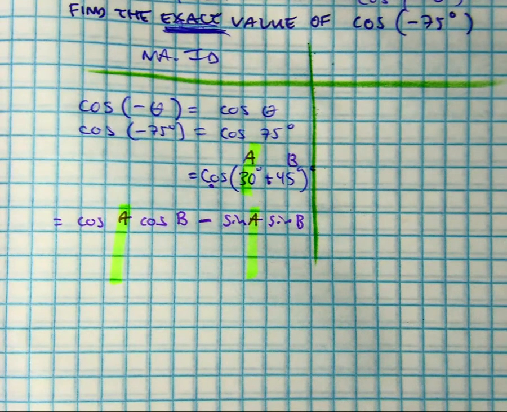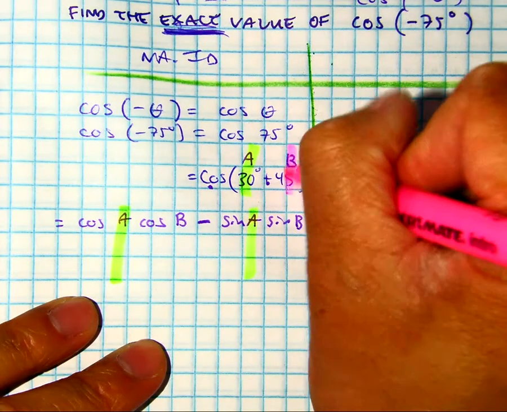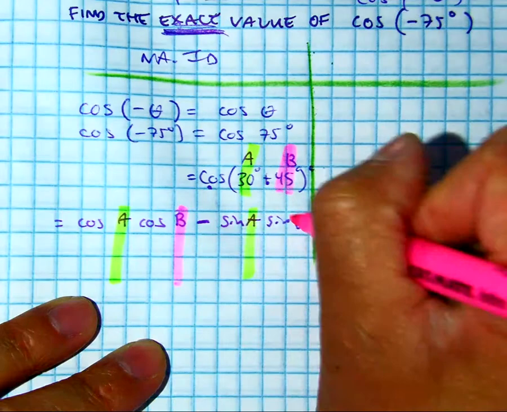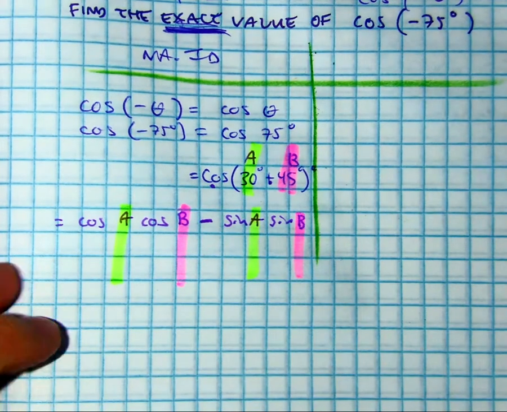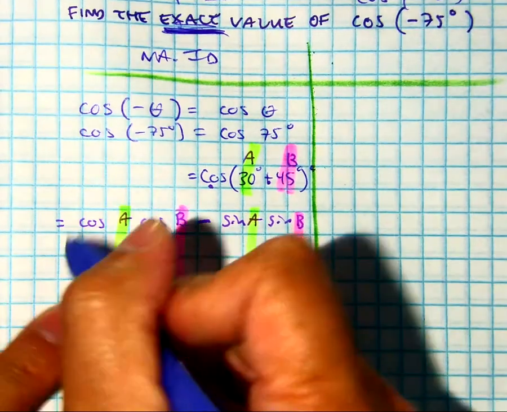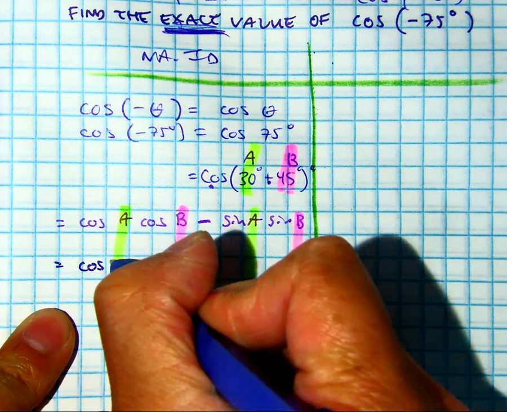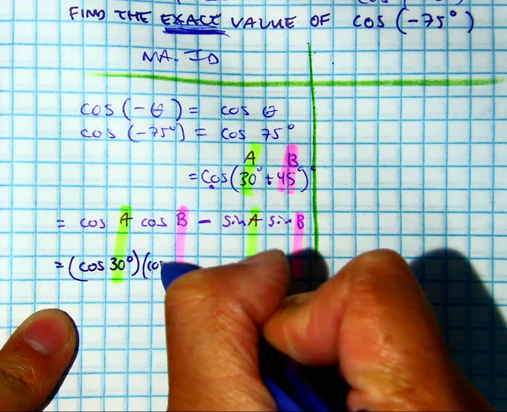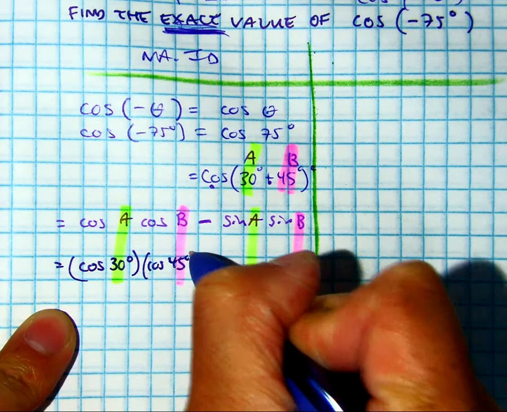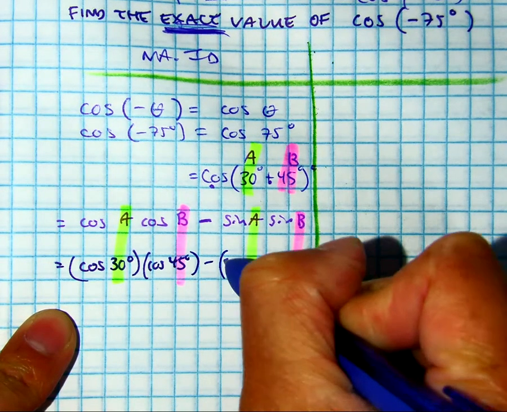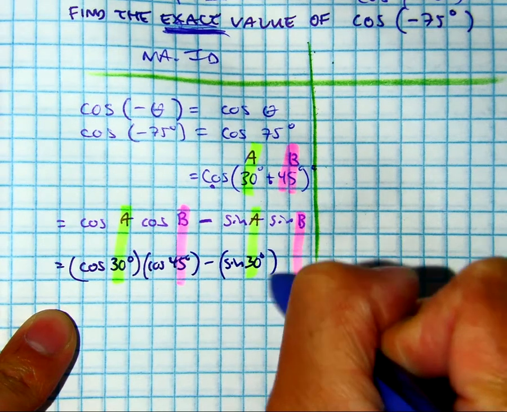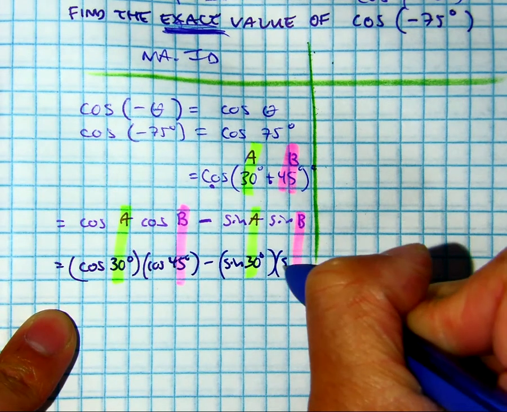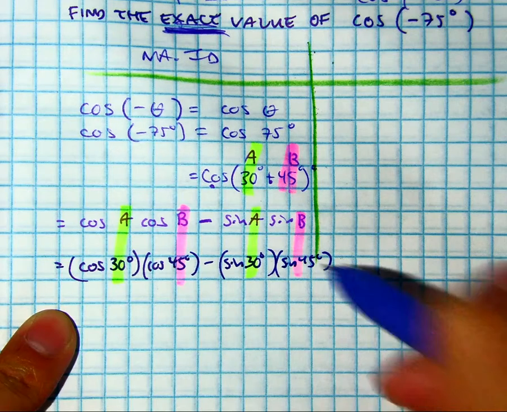B is going to be 45 degrees. So now I have cosine of 30 degrees times cosine of 45 degrees minus sine of 30 degrees times sine of 45 degrees.